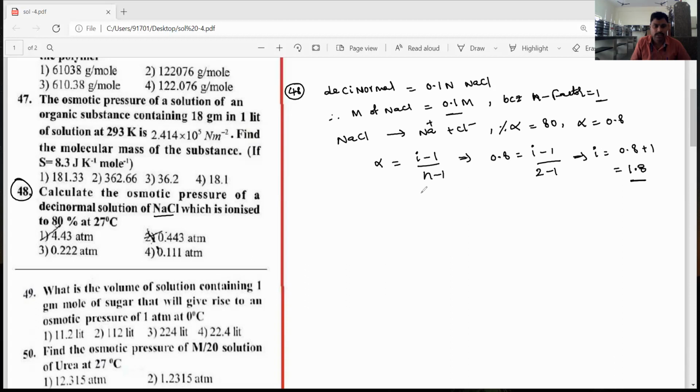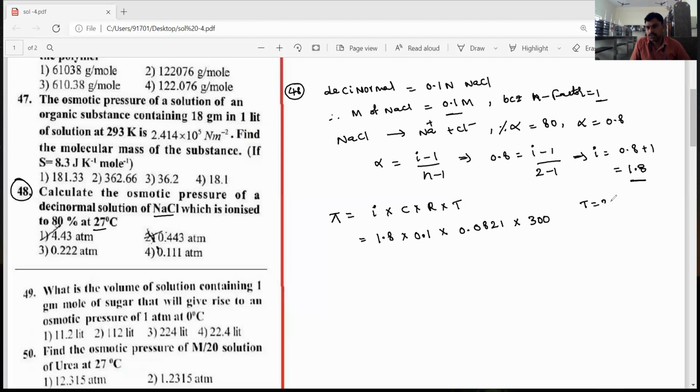Okay, now the osmotic pressure formula: pi is equal to i into C into RT. Dear students, the i value is 1.8 and the concentration, decimolar, is 0.1, and the R value in atmospheres is 0.0821 liter atmosphere per mole per Kelvin, and the temperature is 27 degrees Celsius, which is 300 kelvins.